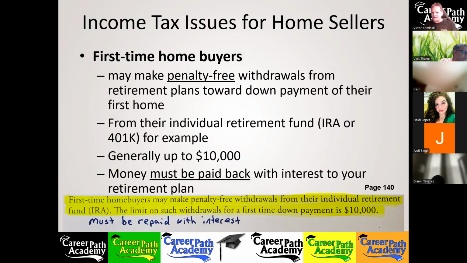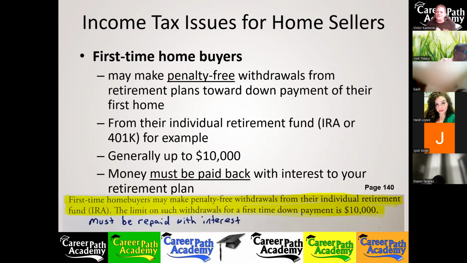Now, there's other ways to get money for the down payment and closing costs that I think are better options. But this is just another tool in the toolbox for us to know how to give some guidance to our clients. Okay, it's good to have these different tools and knowledge of these things. Plus we need to know it for exams, so that's why I'm teaching you.